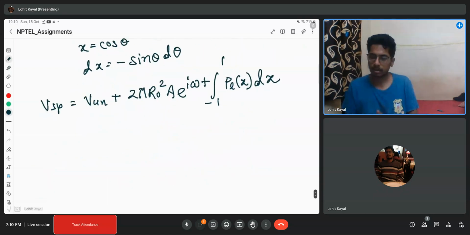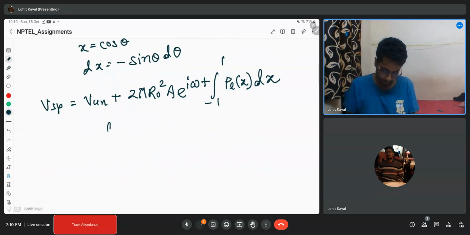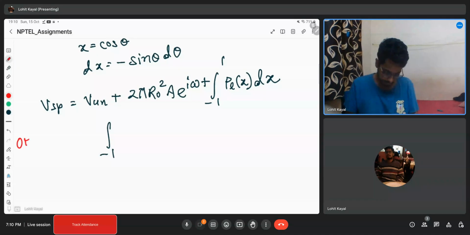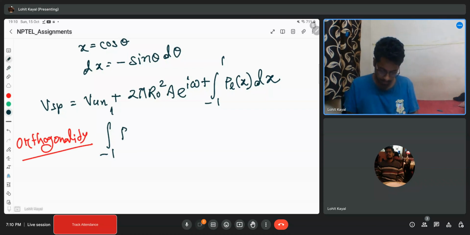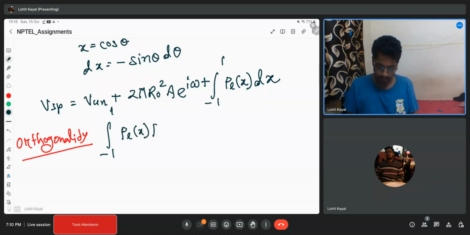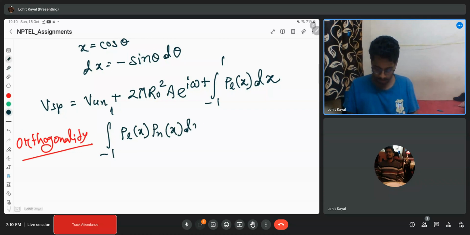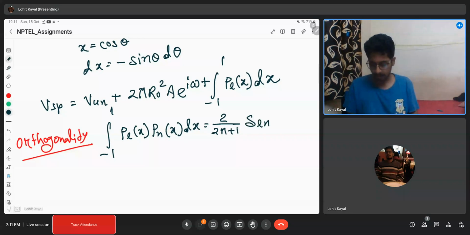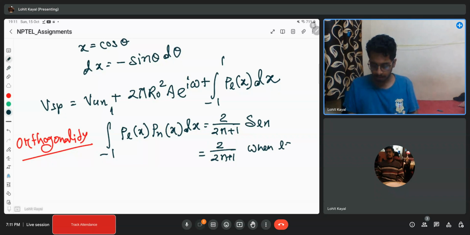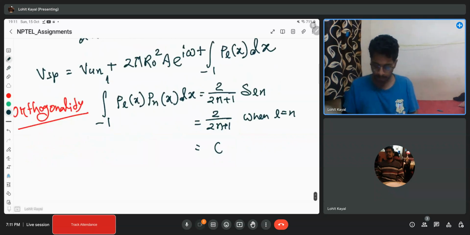Now there is an identity for the Legendre function, and this is the orthogonality relation, which is integral from minus 1 to 1 of P_L(x) P_n(x) dx equal to 2 by 2n plus 1 delta_Ln. Well, that means equal to 2 by 2n plus 1 when L equal to n, and equal to 0 when L not equal to n.